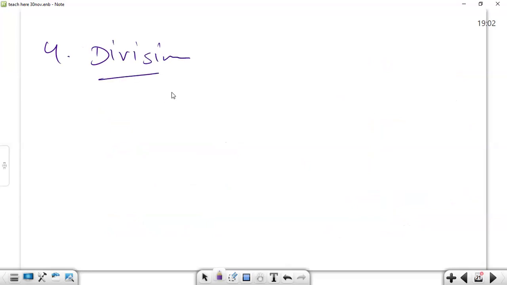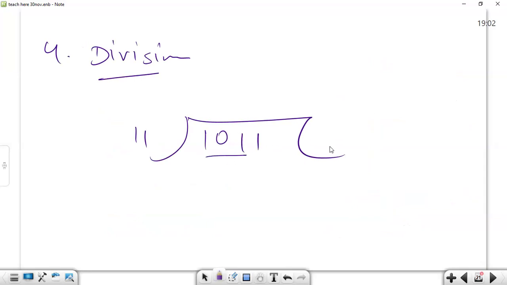Same concept. Let's take an example directly because we have already discussed the concepts earlier. There is no new concept. If we have to divide by 11, 101 can be divided by 11 by 1. So no. Subtraction. 1 divided by 1 becomes 0.